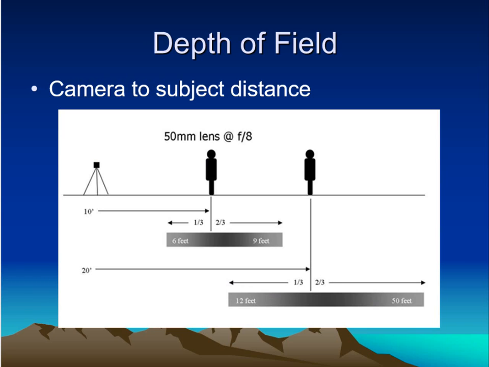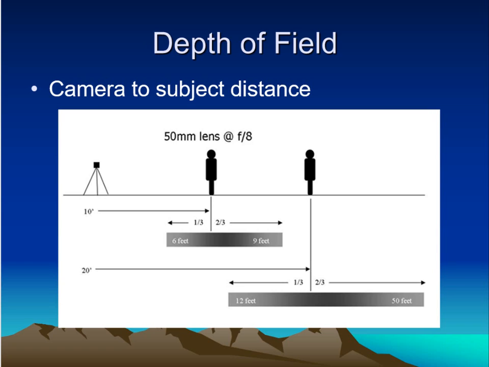Here you can see I'm using, in this diagram, a 50 millimeter lens at f8. When I'm focused on the subject at 10 feet, the depth of field is 6 feet to 9 feet. But when I double the distance of the subject from the camera to 20 feet, the depth of field increases to 12 feet to 50 feet.